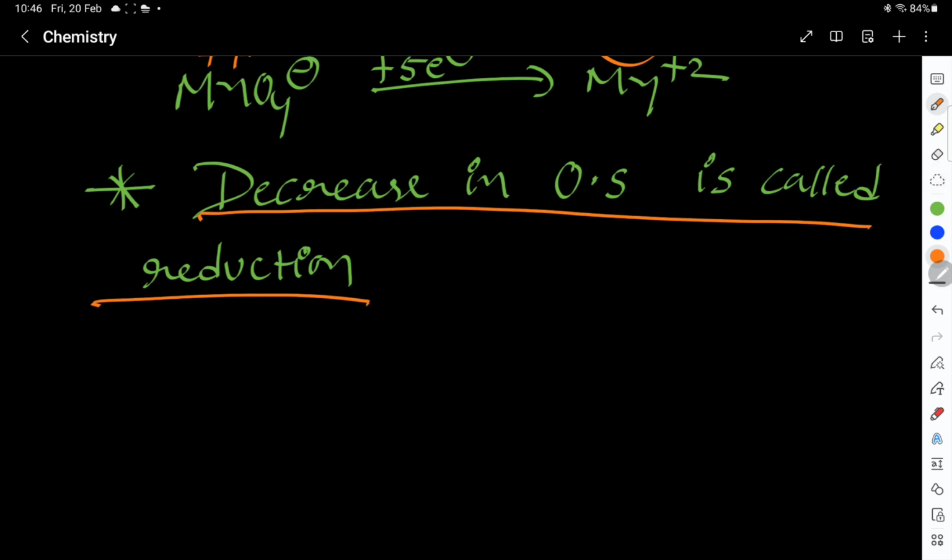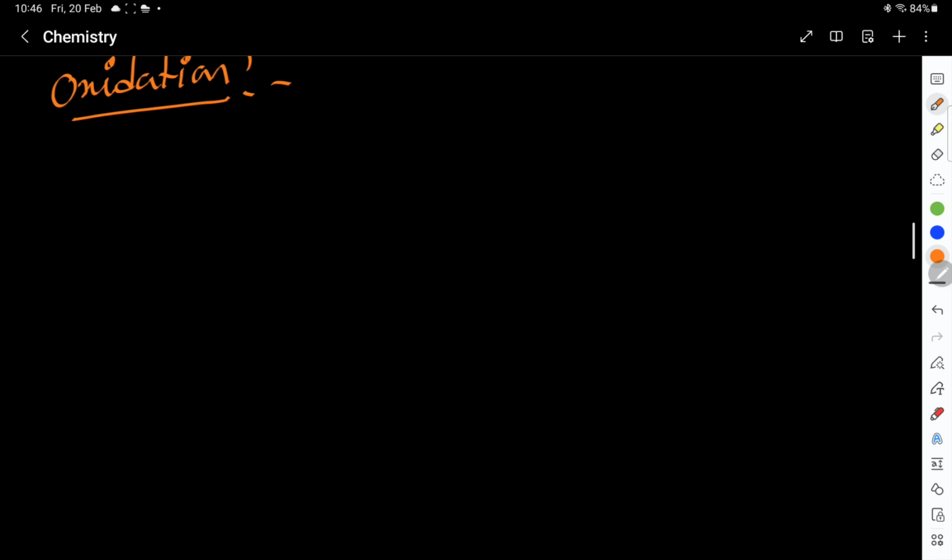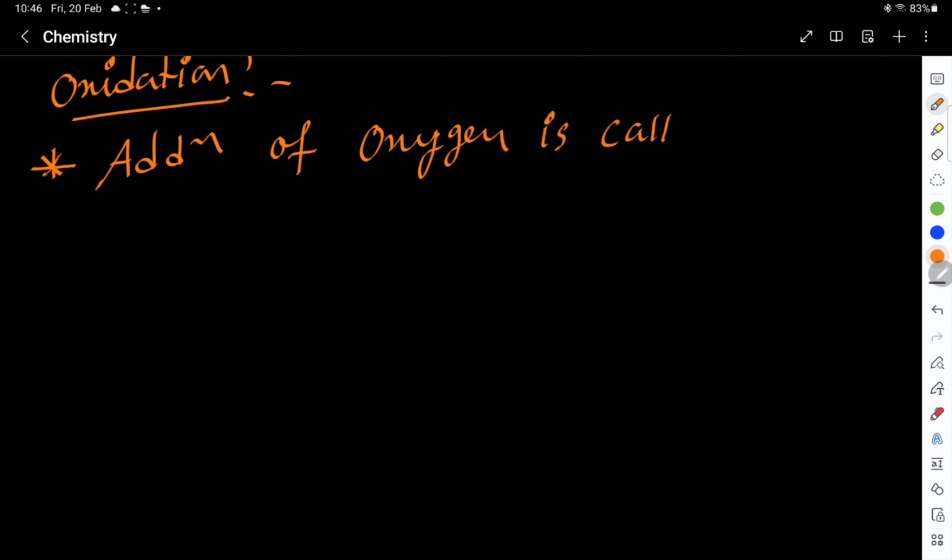Then what about oxidation? This is also defined in different ways. The first way of defining this is addition of oxygen is called oxidation. How can we show that one?